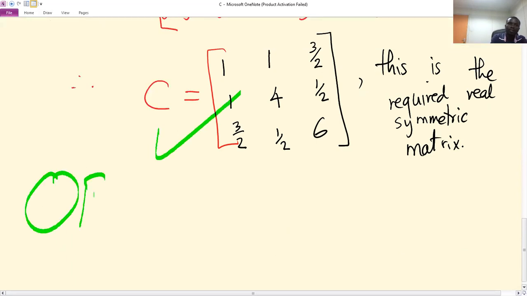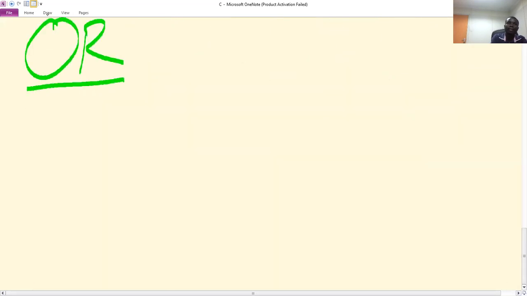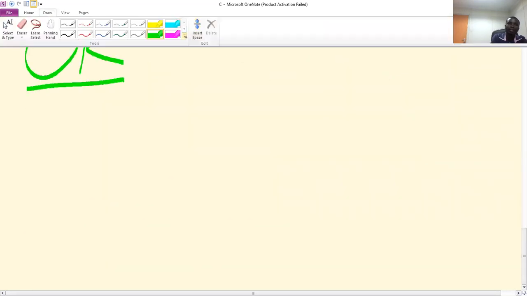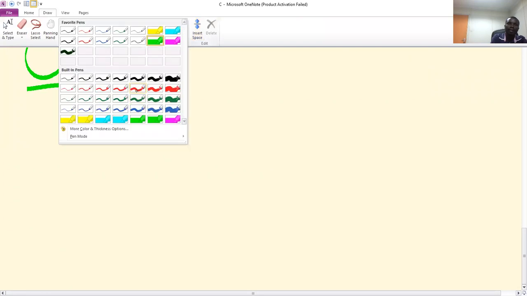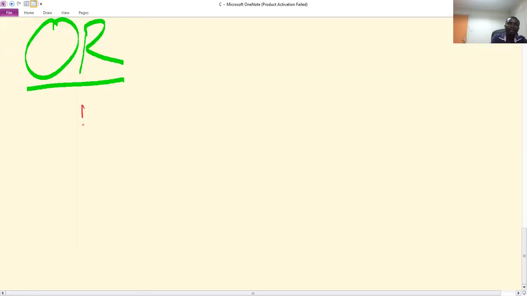Now, alternatively, if you don't want to do it in that way, you can do it in one step by saying you write this usual table x1, x2, x3, and then we have x1, x2, x3.